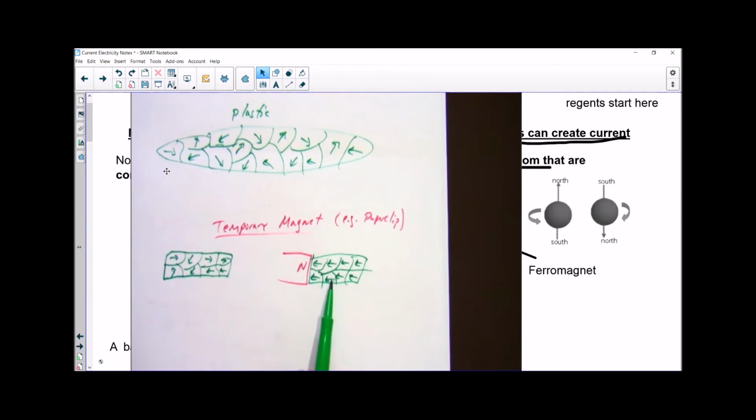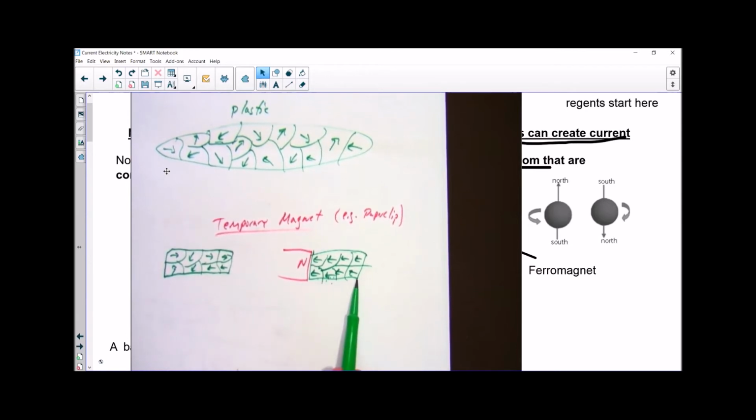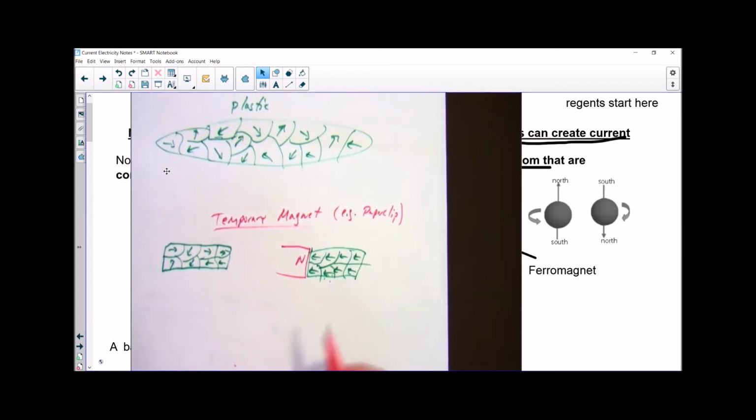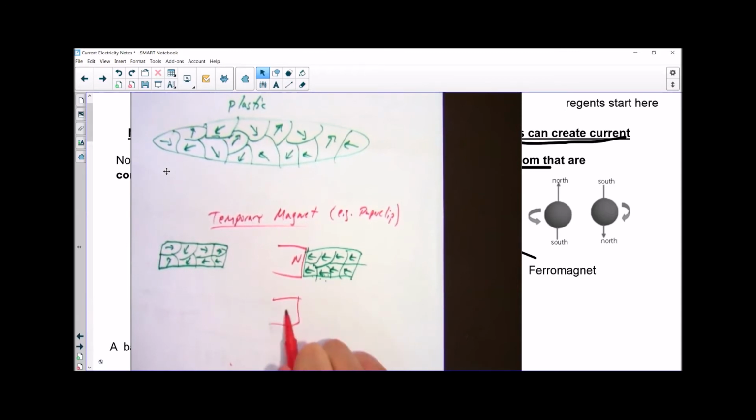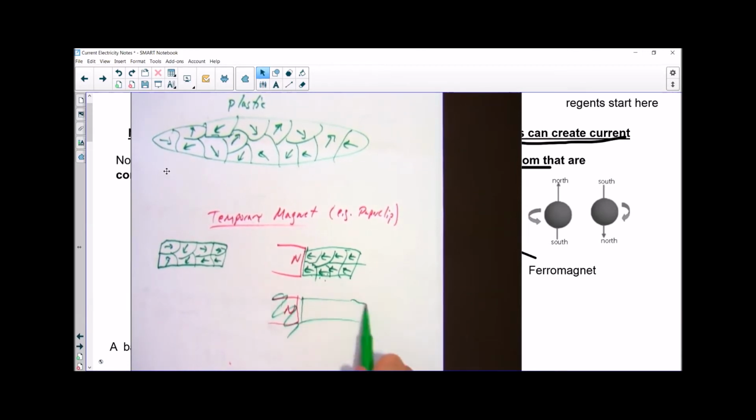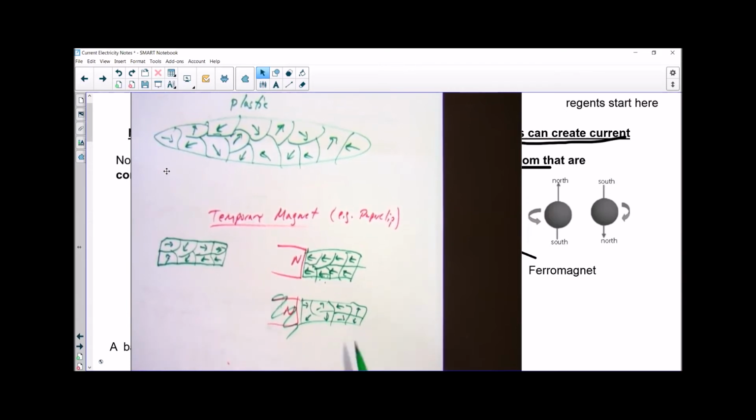And so it becomes a temporary magnet as all the atoms rotate into place and line up, creating a magnetic field. Then, as soon as I remove the magnet, it depends on the material how long it takes, but in most cases, a few seconds after I remove the magnet, it returns to its original configuration. Like that.